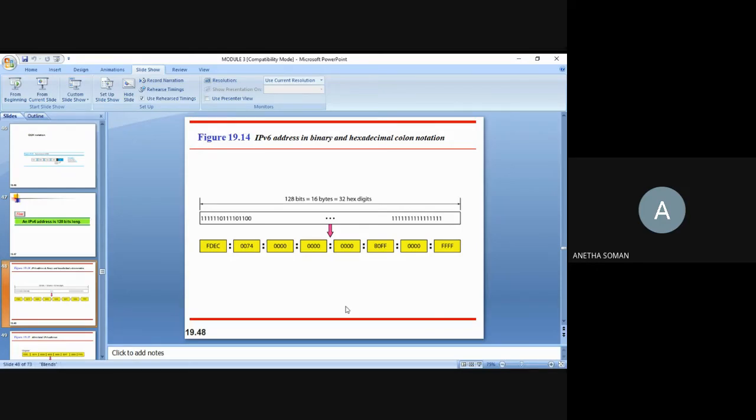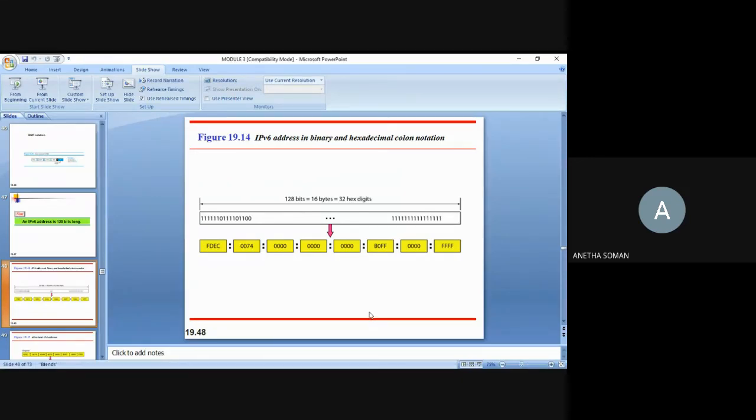That is the thing that you can see in the slide. You have 128 bits or 32 hex digits, and after every 4 hex digits you are putting a colon and separating. Okay, so this is the representation of IPv6 addresses.